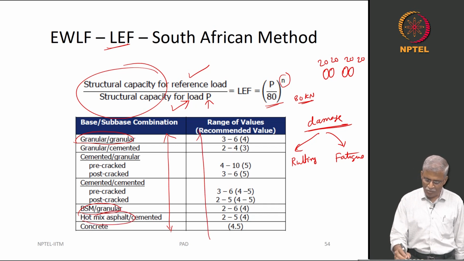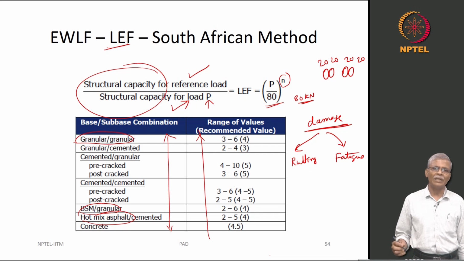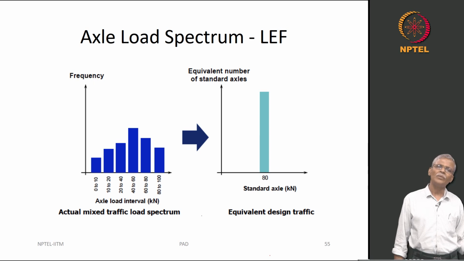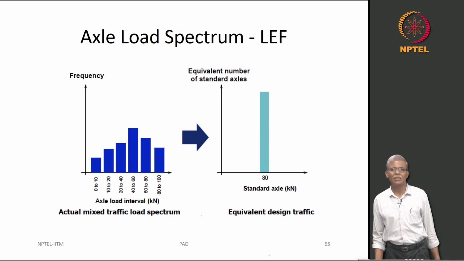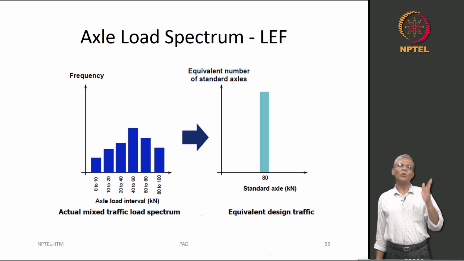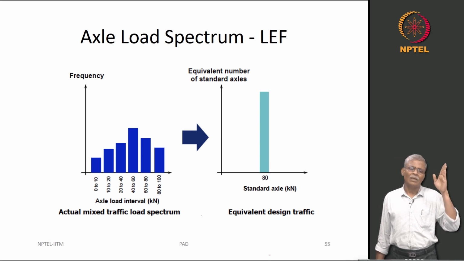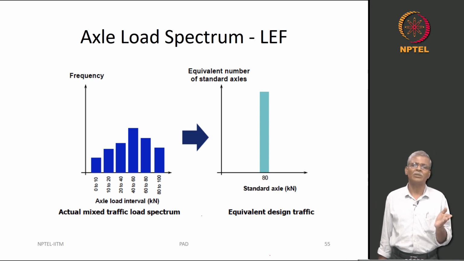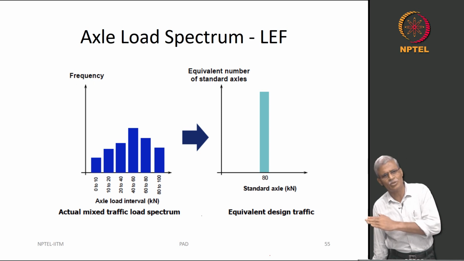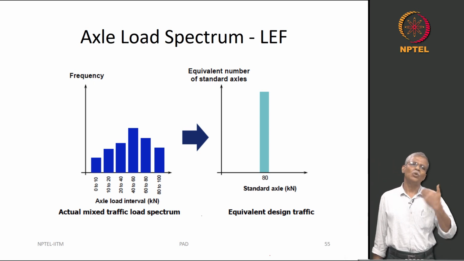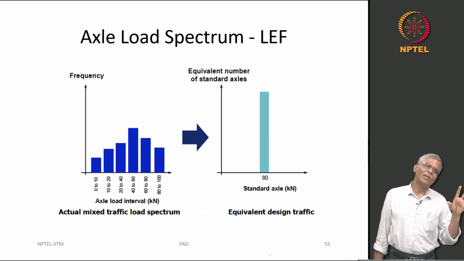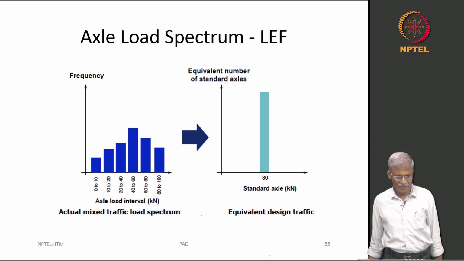So, these are the numbers that are normally given here, and these numbers are expected to be used. But what these days the South African pavement method does is to find out the damage. If you start talking in terms of the damage, instead of the structural load capacity, you do it for each and every axle load and not bring it down to the level of the load equivalency factor.